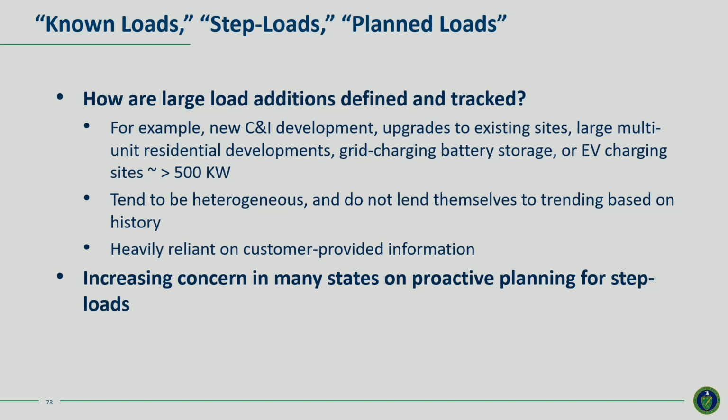These are larger, so not residential. They tend to be commercial and industrial developments, upgrades to large existing sites, maybe large multi-unit residential developments. And now they're starting to track also battery storage or EV charging facilities. But it is load growth that happens in pockets, and it's very hard to predict.